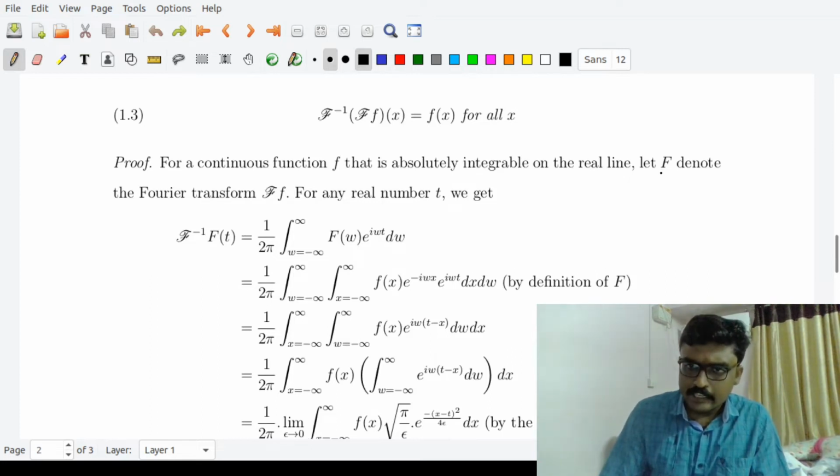Let capital F denote the Fourier transform of the function small f.